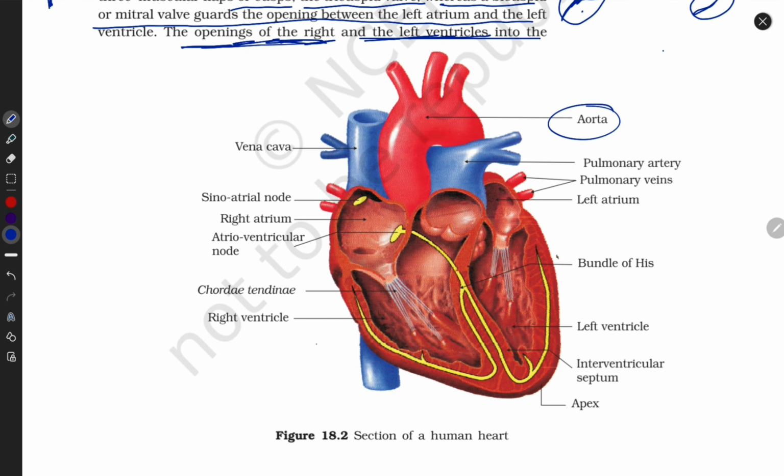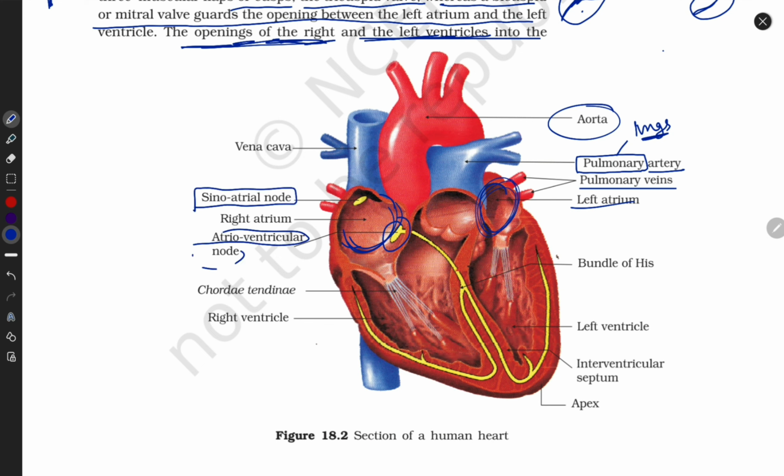This is the aorta. Look at here, aorta. This is the pulmonary vein. Why is the name pulmonary? Because they attach with the lungs, so the name is pulmonary. Pulmonary artery, pulmonary vein. Okay, this is the left atrium, this is the right atrium. Look at here, this is the SAN node and this is the AVN node, guys. And what is this? These are Purkinje fibers.